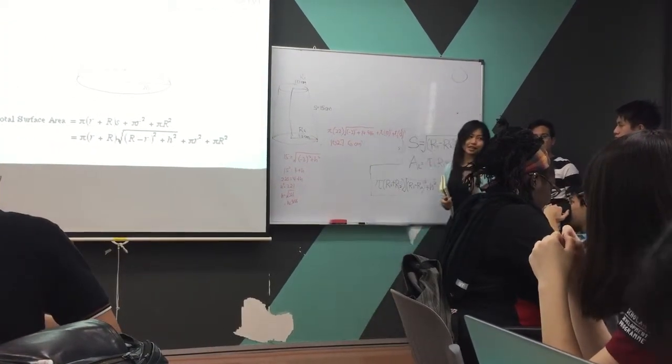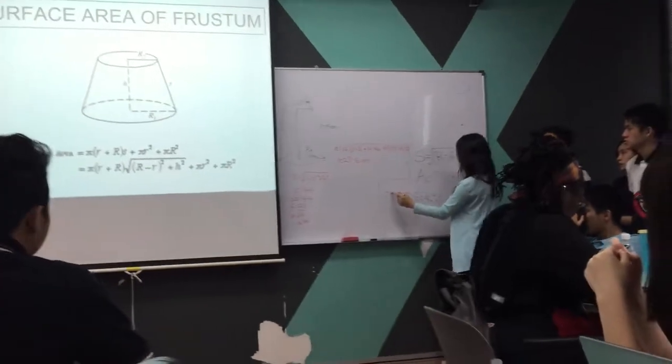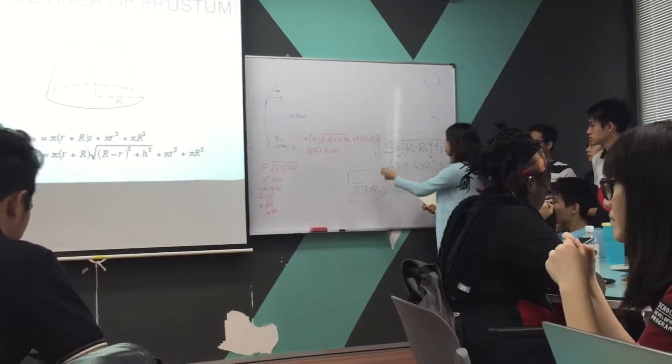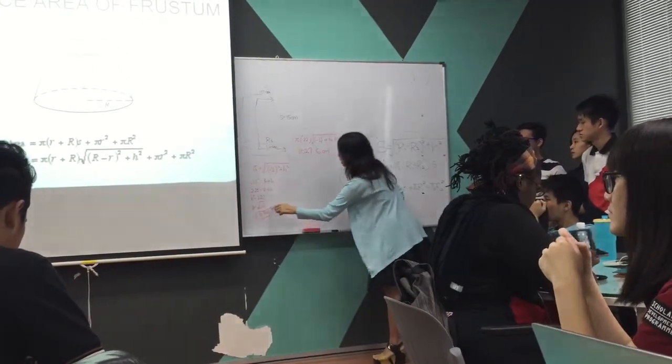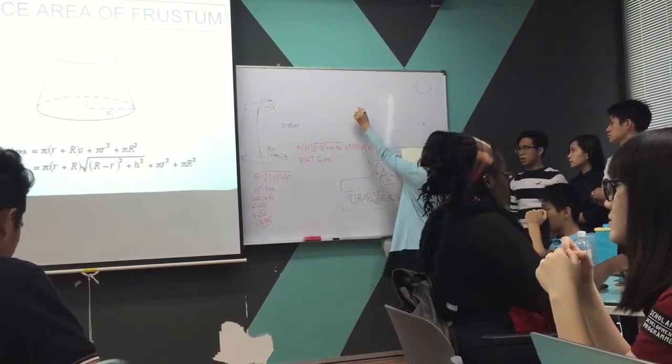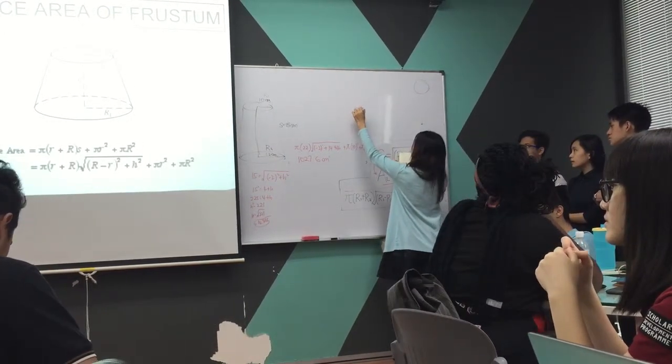But actually it can be simplified. You don't need to write so long because you can use the lateral surface area, which is much easier. So after you found the height, you can proceed to the lateral surface area, and then it goes like this.